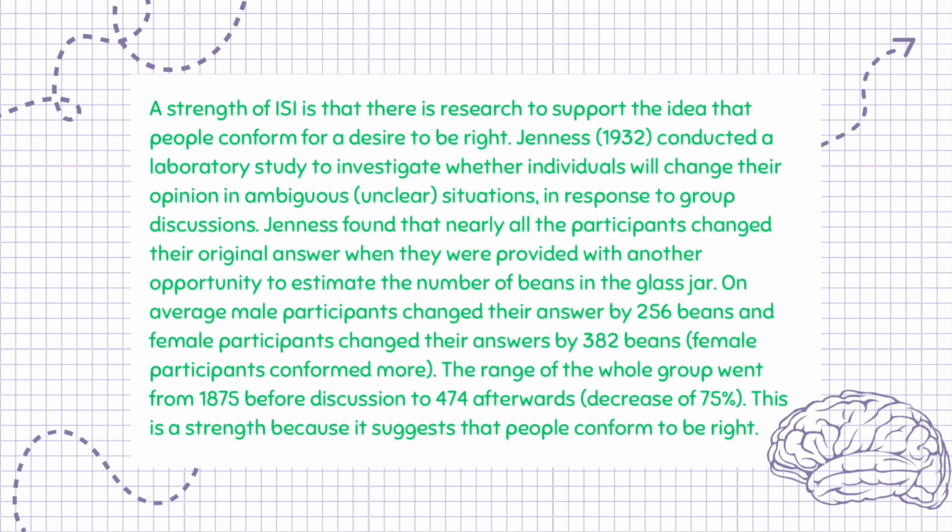On average, male participants changed their answer by 256 beans and female participants changed their answers by 382 beans. Female participants conformed more. The range of the whole group went from 1875 before discussion to 474 afterwards, a decrease of 75%. This is a strength because it suggests that people conform to be right.